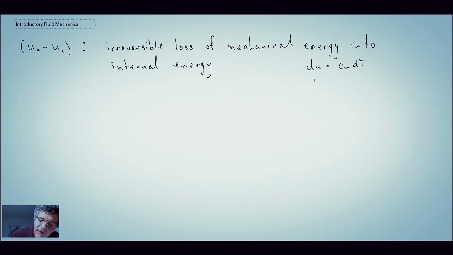But U2 minus U1 would then be Cv times (T2 minus T1). So the change in internal energy is being realized by an increase in temperature of the fluid. And when you increase the temperature, you can have heat transfer going on. That's what the last term on the right-hand side is telling us.